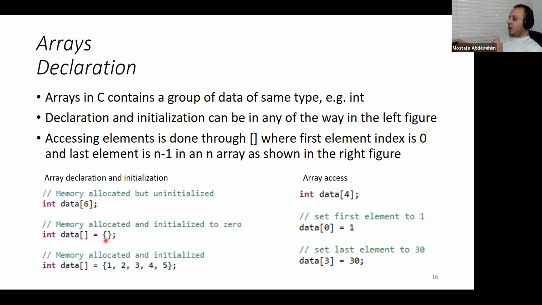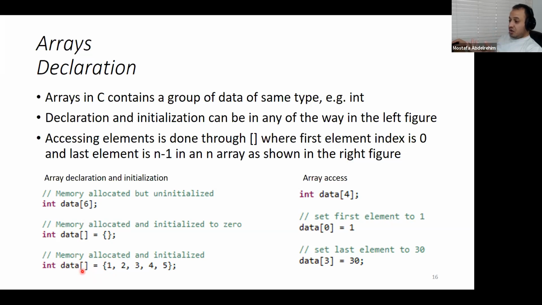Okay. Here this is another example. Here you define, and when you do these two braces, this means initialize all the 6 locations to 0. Okay, and here this is a real initialization. So here you define an array.